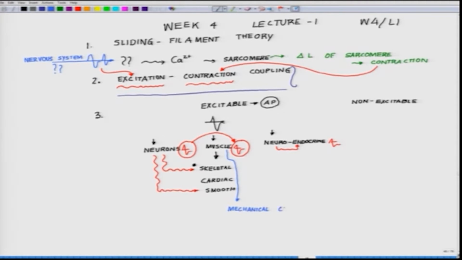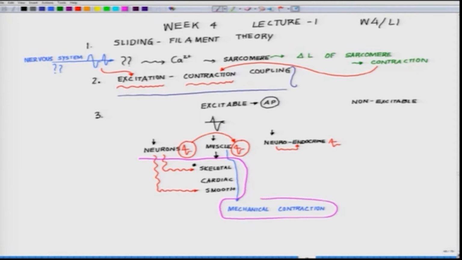So, one has to draw a symmetry or some form of a sequence where you can connect 2-3 distinct stuff, which includes a signal from the neuron, a signal to the muscle, and the muscle contraction.